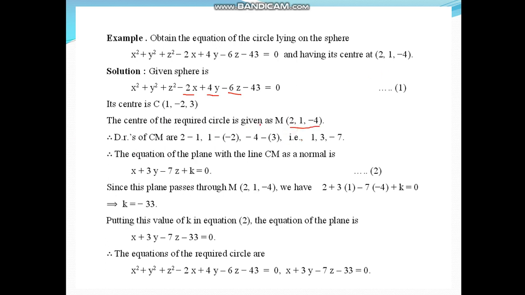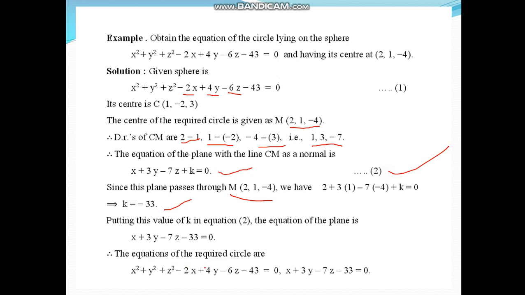Now we can find the direction ratio of CM: x minus x1, y minus y1, z minus z1. That is this. So the equation of the plane with CM as normal, we can write as ax plus by plus cz plus d equal to 0. We have to find k, but this plane passes through this point, so k will be this. Just put the value of k in number 2.